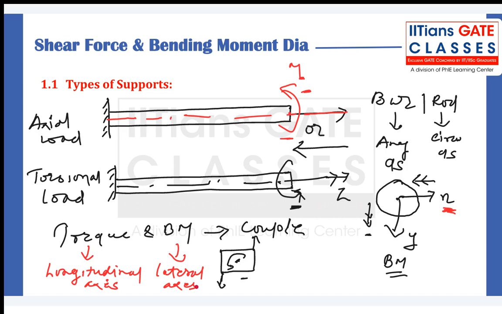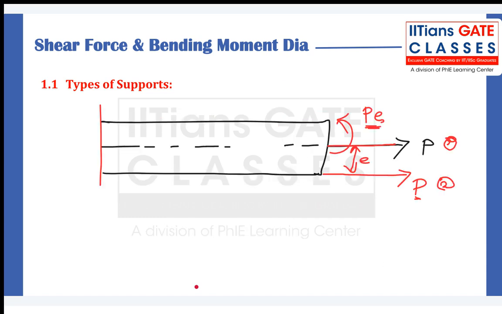The difference between torque and bending moment, your bar, shaft. Now the last case is the beam. So how do you classify a beam?